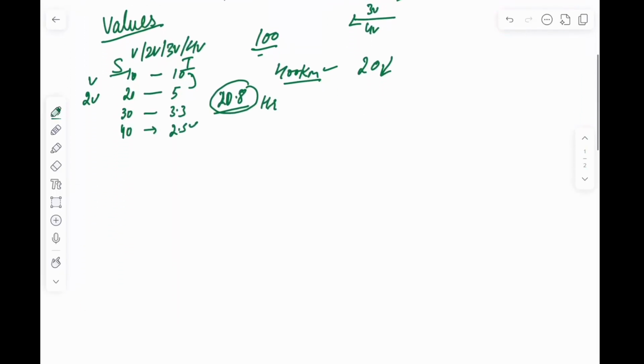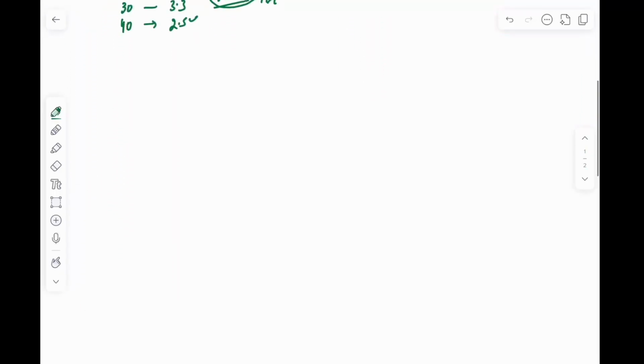Now let us solve this question with not values but equations. So what would it be? We know distance is equal to what? Speed into time. So the speed is V, time is t1, distance is the same d.